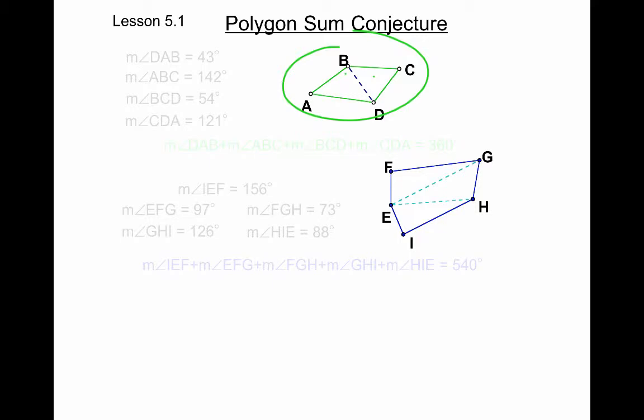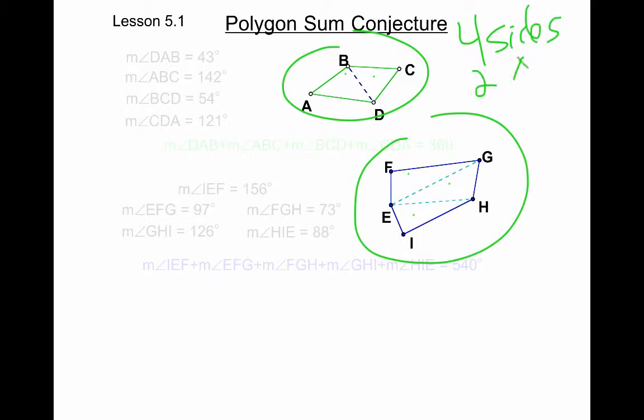If you take a pentagon and cut it from a point, multiple diagonals from that point, you'll see it has 1, 2, 3 triangles. So again, it's got 4 sides and it creates 2 triangles. If it's got 5 sides, it creates 3 triangles. Whenever you have n sides, it will create n minus 2 triangles.